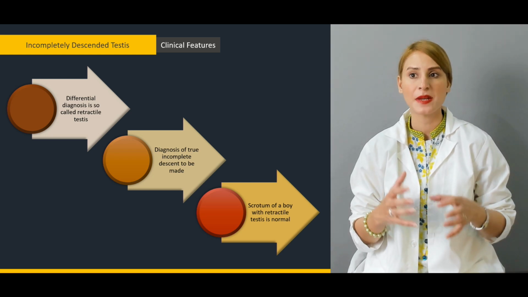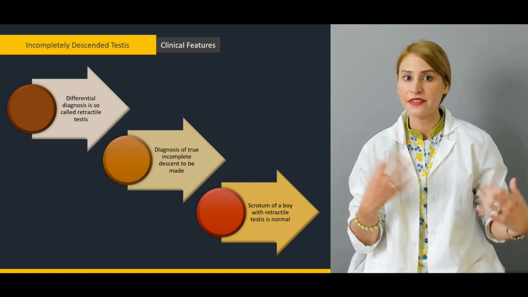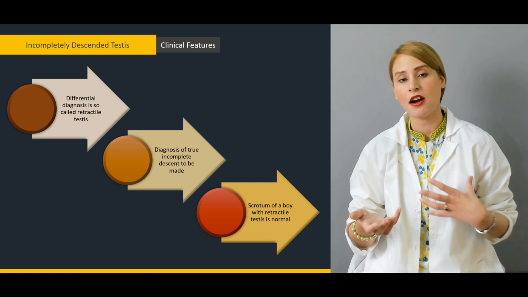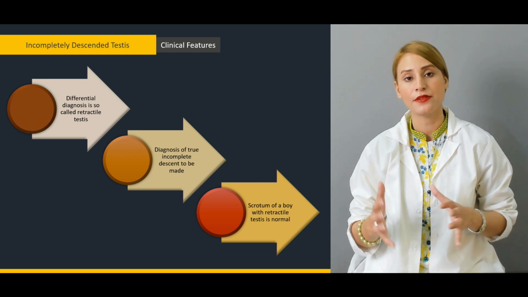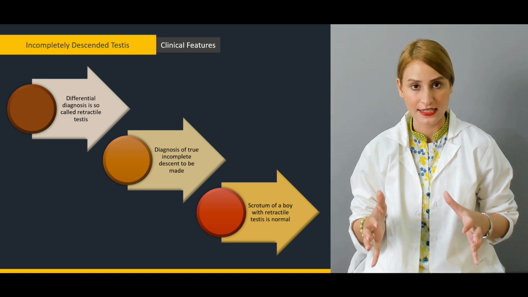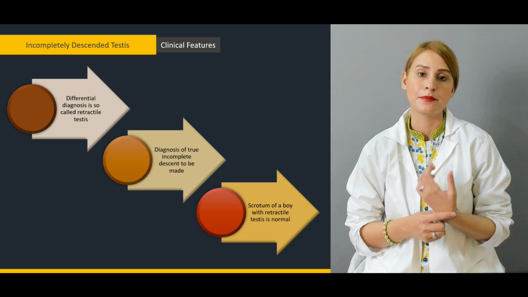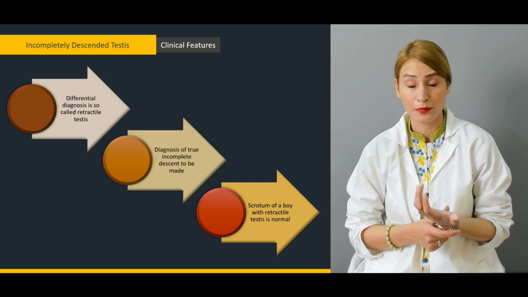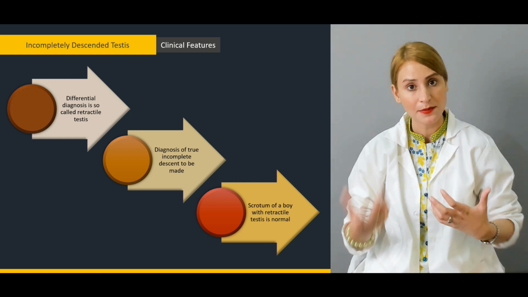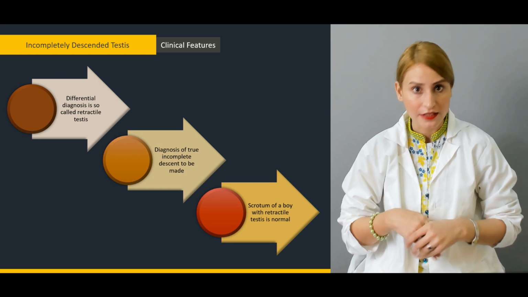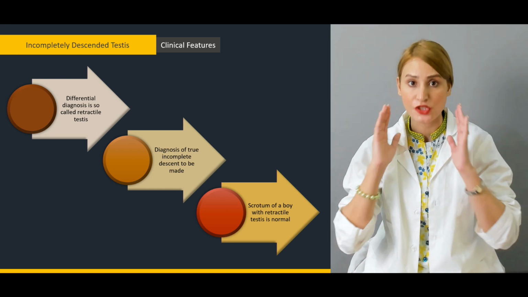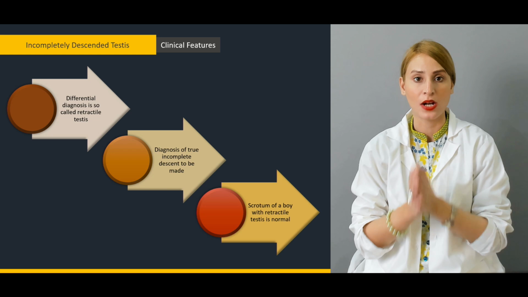Why do they go into agenesis? Because sometimes in the cavity there's a torsion, and because of the torsion, the vasculature of the testes is affected and the blood supply is affected. Whenever blood supply is affected, the testes will ultimately become dead. So agenesis of the testes should be in your mind as well.